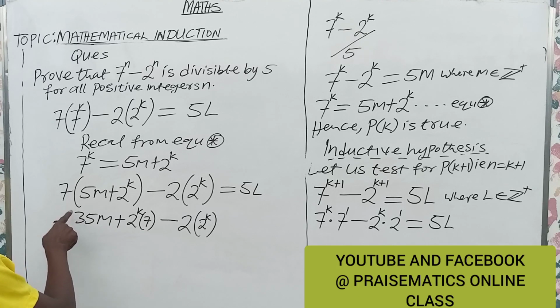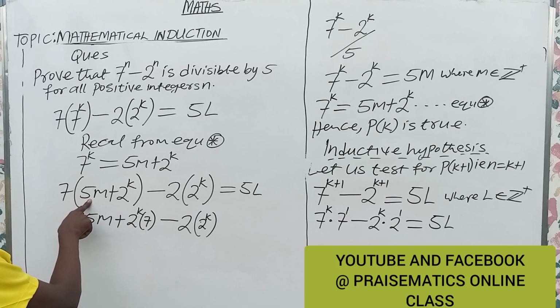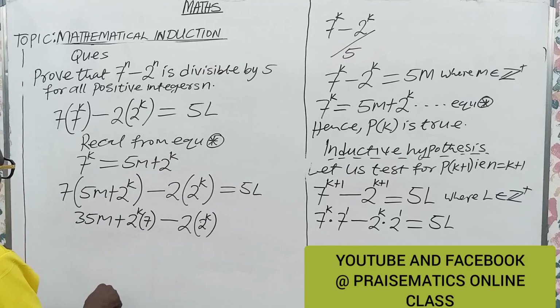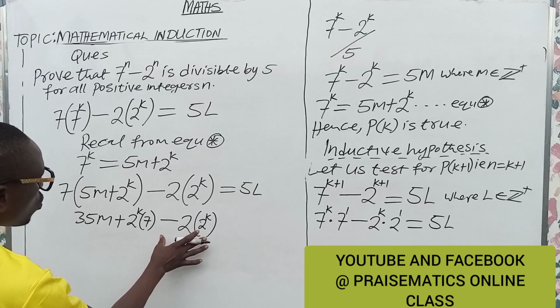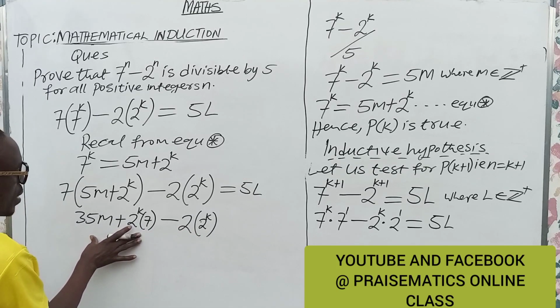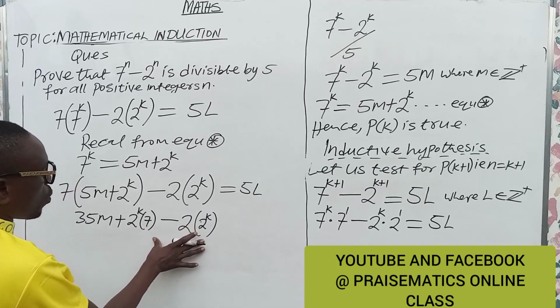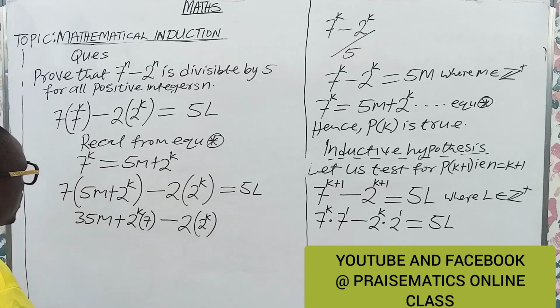From here to here, 7 times 5 will give us 35m into this. Now, okay. What do we do here? We need to look at this right hand side, and do it in such a way that we are going to get what is inside here.